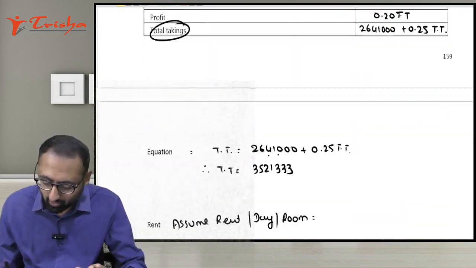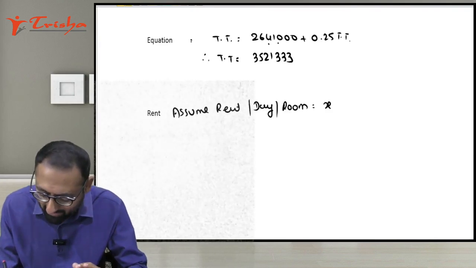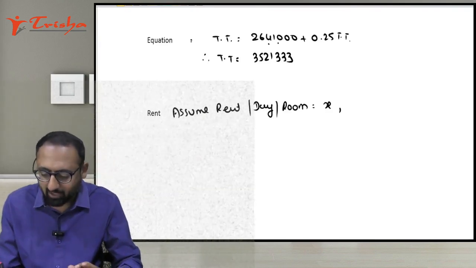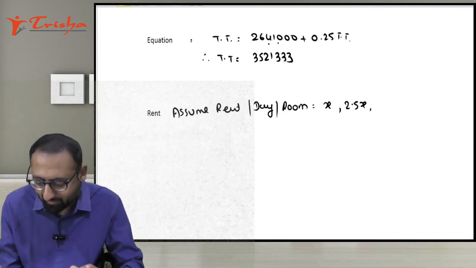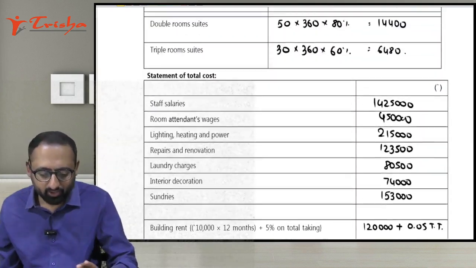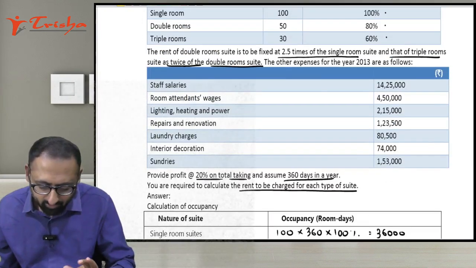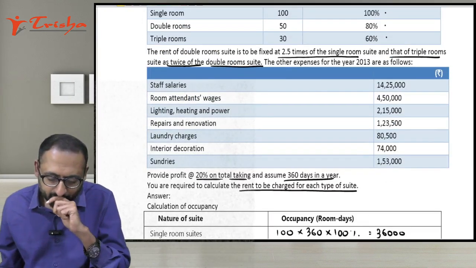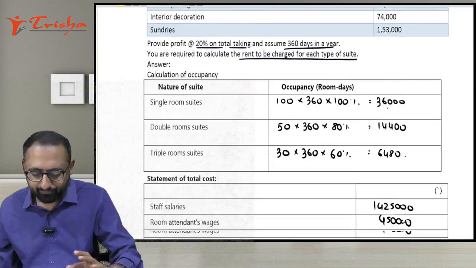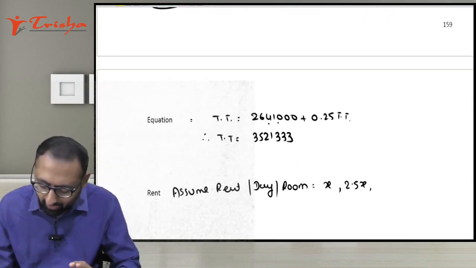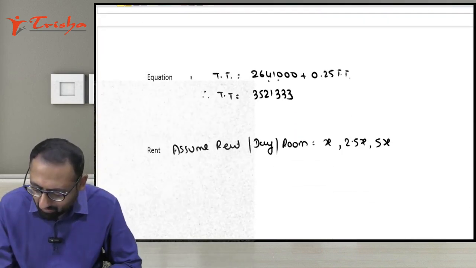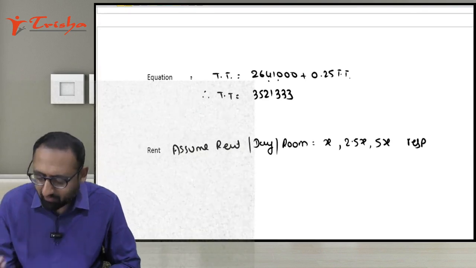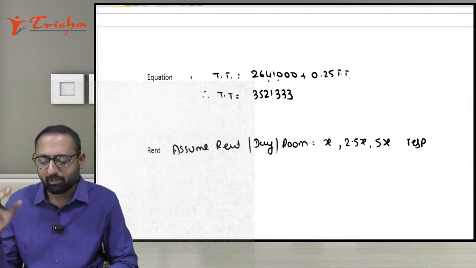So single room I will consider x, and double room will be 2.5x. Then the triple room suite will be twice the double room suite, so it will be 5x, respectively for single room, double room and triple room.